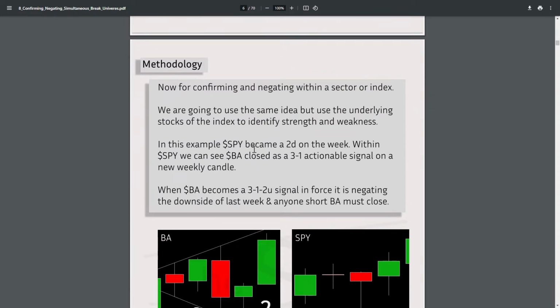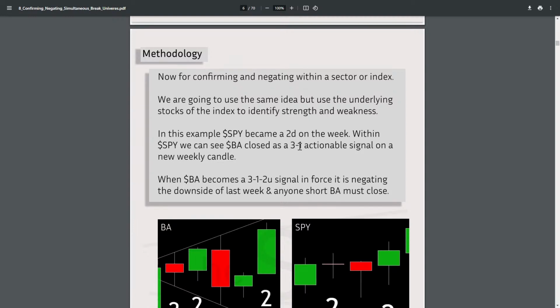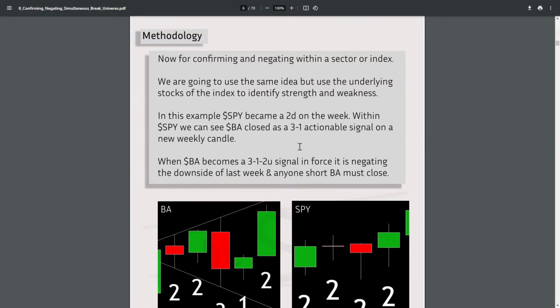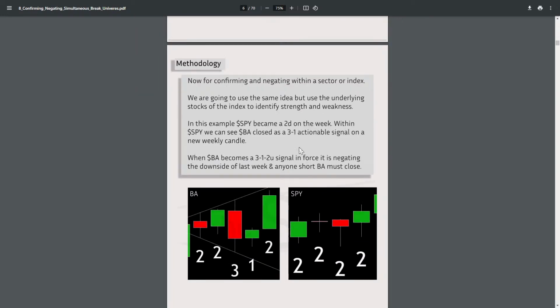So methodology. Now for confirming and negating within a sector or index. We're going to use the same idea, but use the underlying stocks of the index to identify strength and weakness. In this example, SPY became a 2 down on the week, and within SPY is BA, and BA closed as a 3-1 actionable signal, and then we get a new weekly candle.